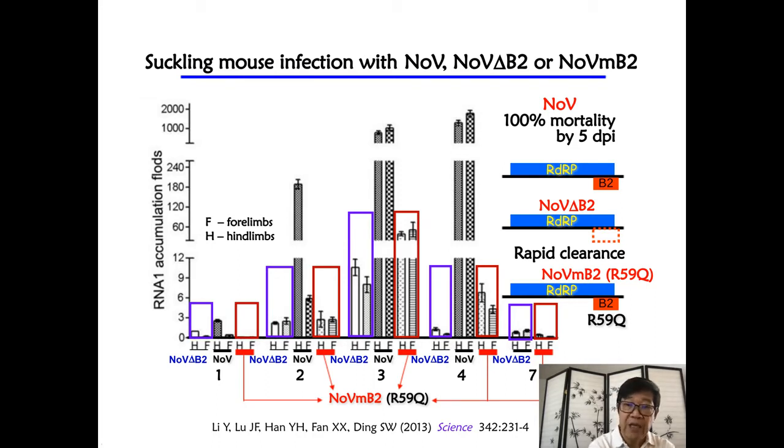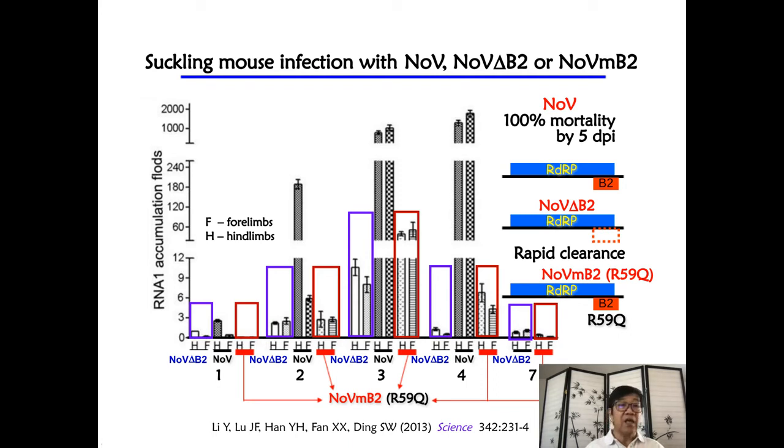It replicates, spreads, and accumulates to high level by day 3, but then starts to drop at day 4, and by day 7 is as low as the Delta B2 mutant virus.